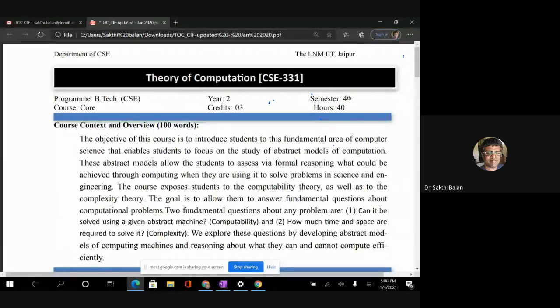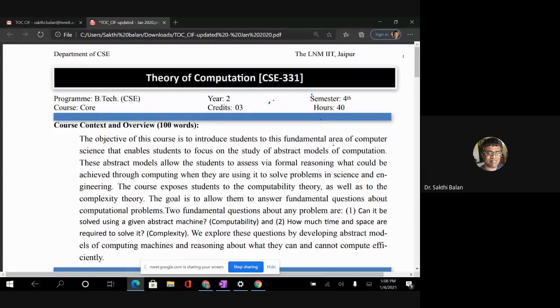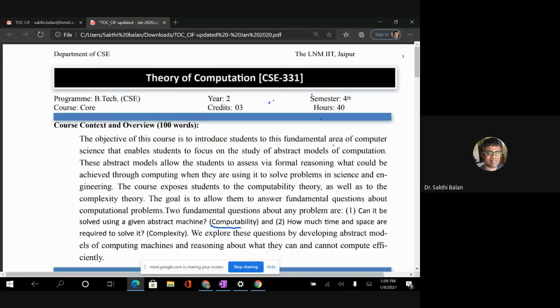Mainly, there are two things which I will be explaining in the sequence of this class. One is the computability and the complexity.